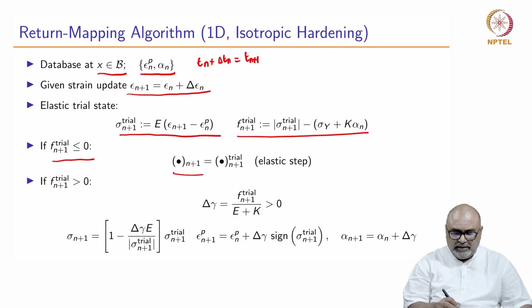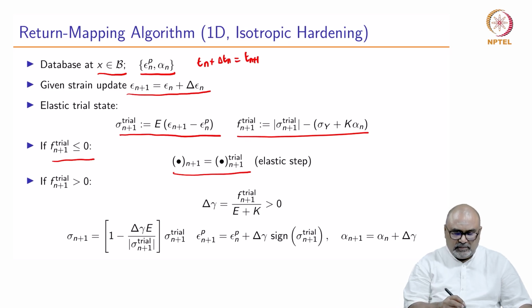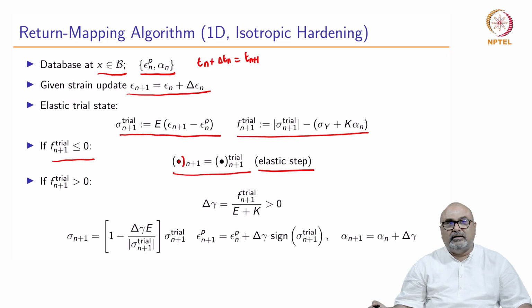If it is less than or equal to 0, then the trial elastic step quantities are the same as the actual quantities. So, the next step n plus 1 value is the same as the trial elastic step, and this stress state is inside the admissible stress state and is satisfying the constraint condition.